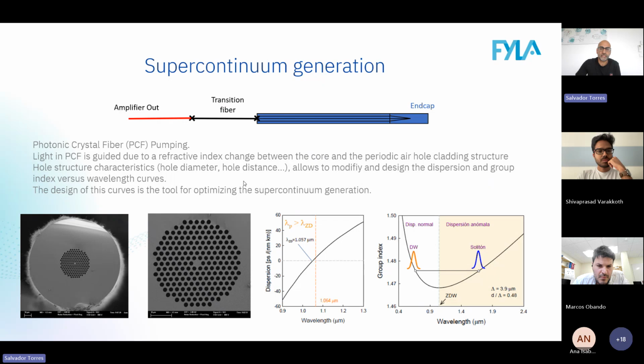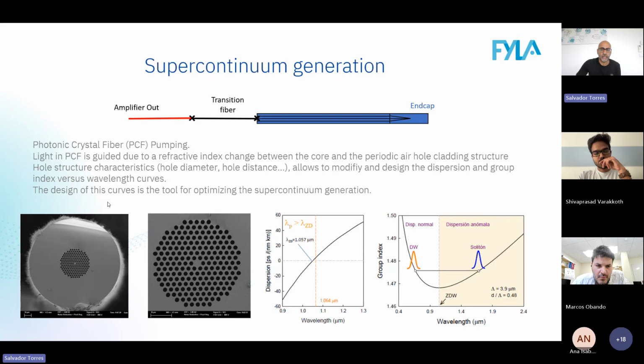Finally, in the third stage, the light from the amplifier is used to pump a photonic crystal fiber. Photonic crystal fibers are fibers in which light guidance occurs due to the index difference between the core and the periodic hole structure surrounding it.